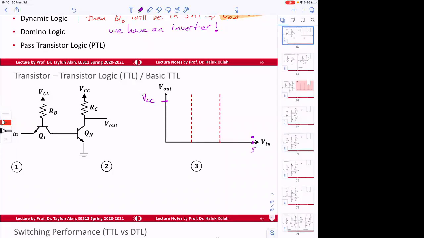Output is going to be 0.2. So we know that. So what about the transition? Like, when this is going to be happening, that transition? I guess we better maybe talk about it later on.